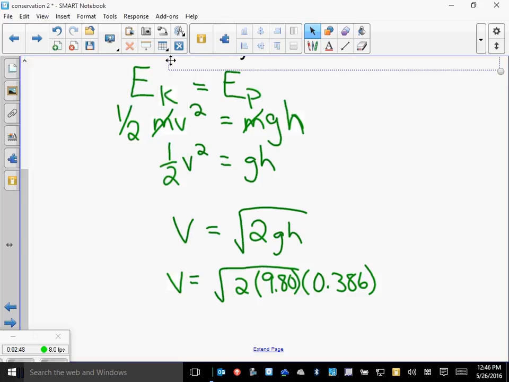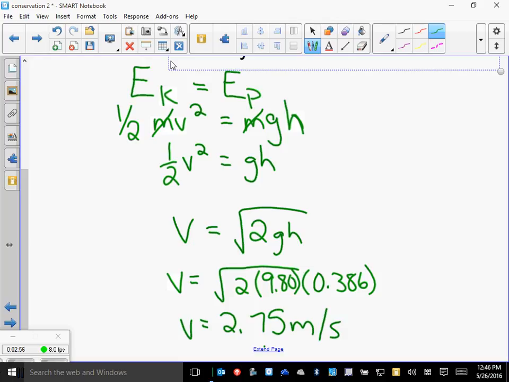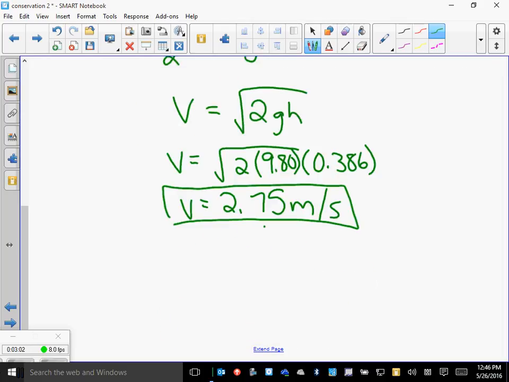So my velocity is 2.75 meters per second. Okay, this is the velocity of the pendulum right after the collision has happened.